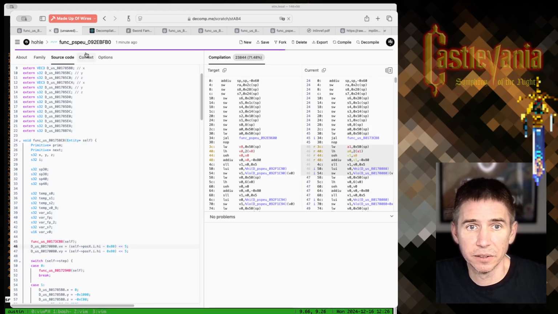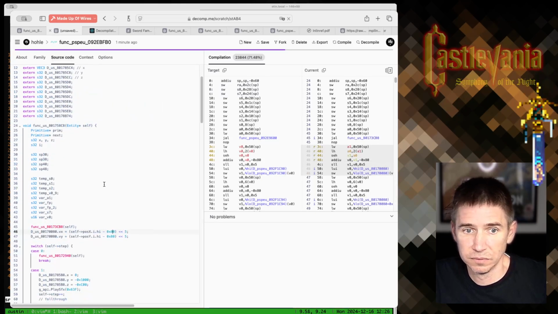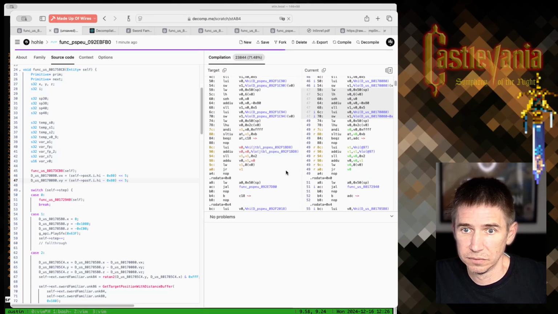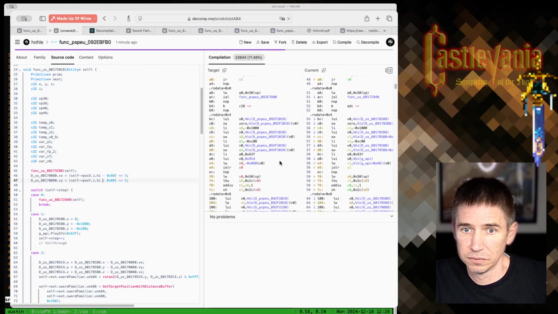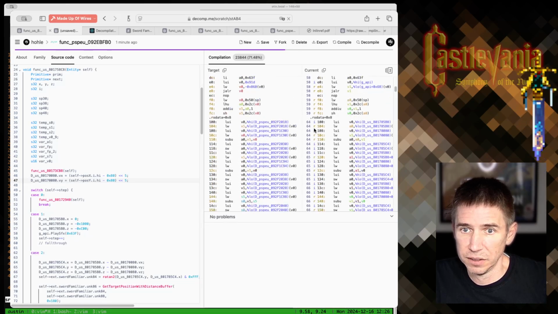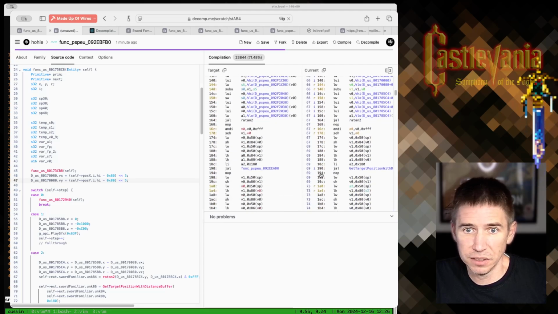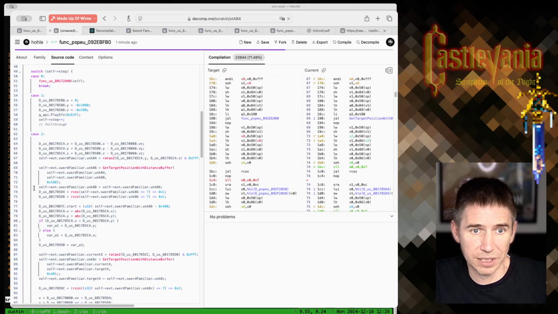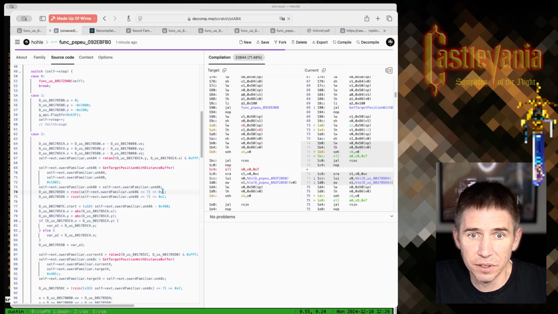Okay, never mind. So I'm going to ignore most of the immediate and register differences at the moment. So 74 is the first place that I see anything of note.